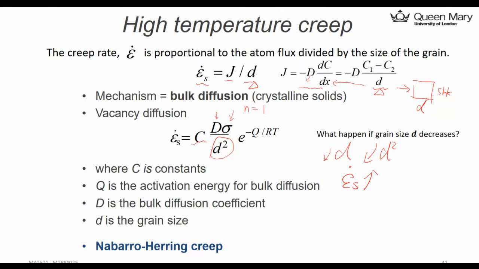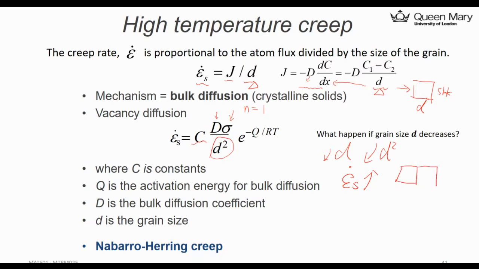So that means if you have a smaller grain size, you will have a higher creep strain rate.